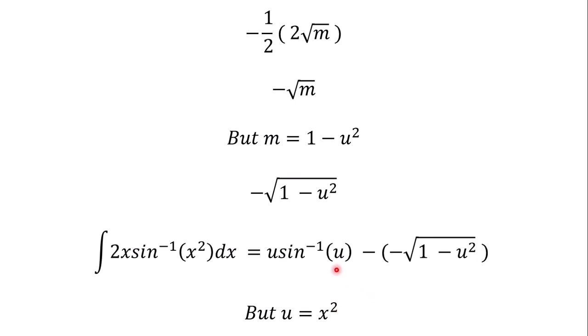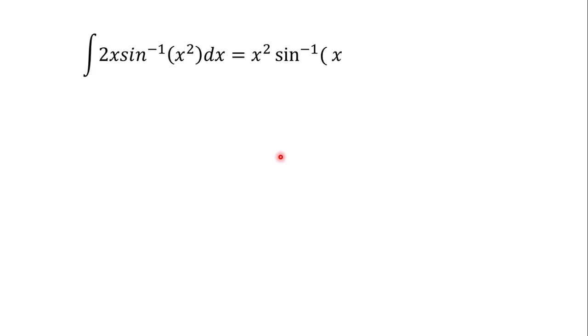So we are just going to replace them or put them back. Wherever we see u, we are going to write x squared there. Okay, good.